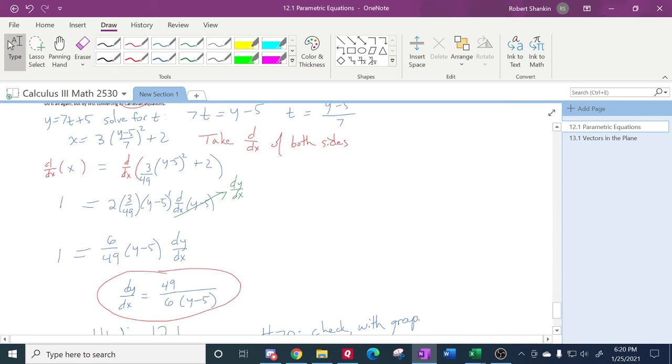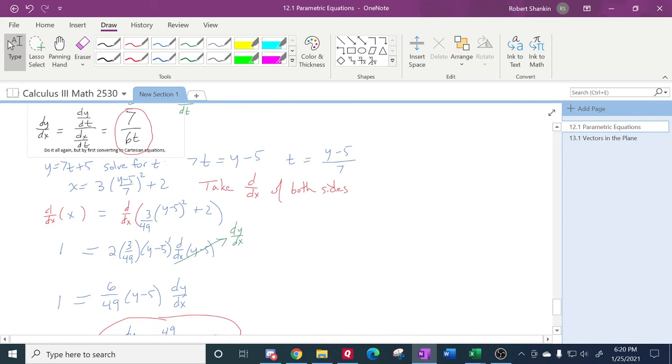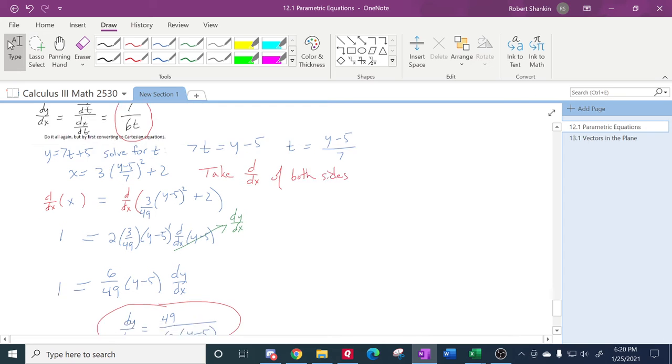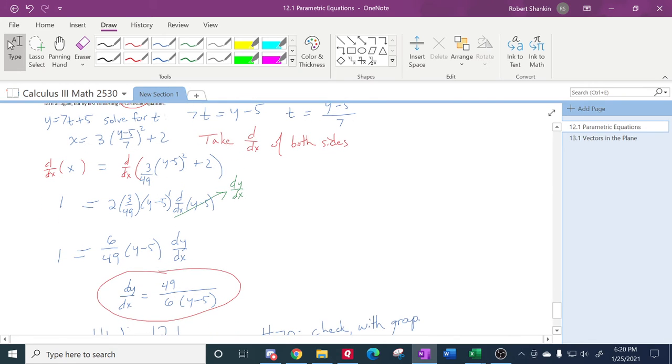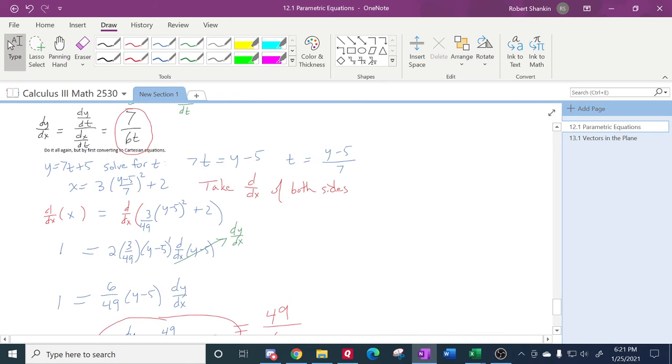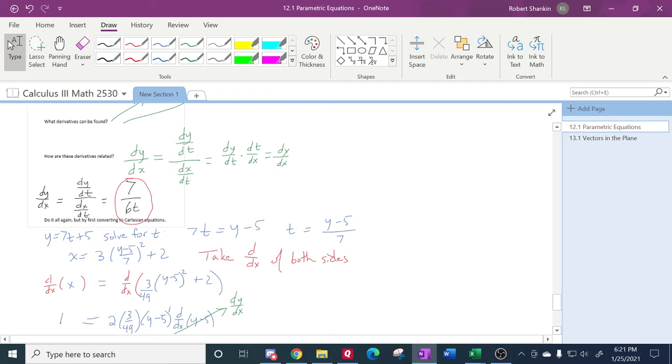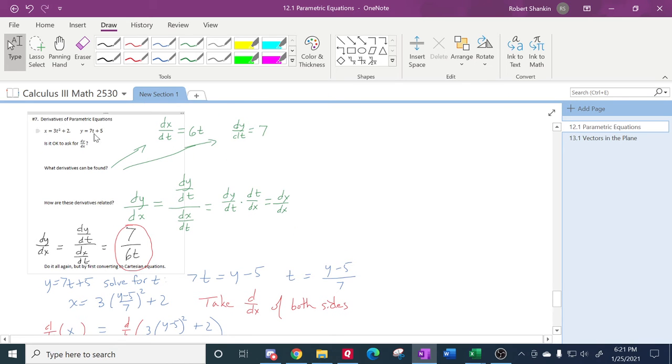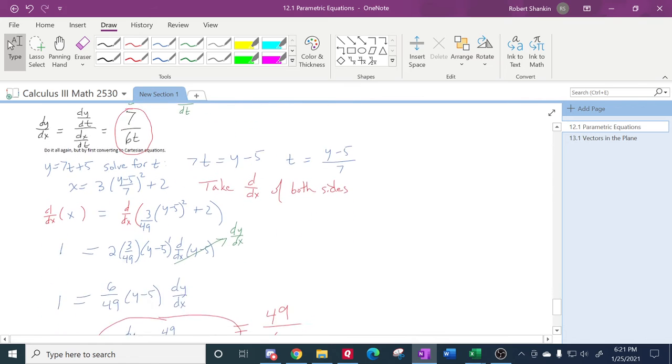This one is in terms of the letter y, while this one is in terms of t. How can I show that they really mean the same thing? Well, let's continue out with this. This is 49 over 6. Replace the y with 7t plus 5. Y is 7t plus 5.